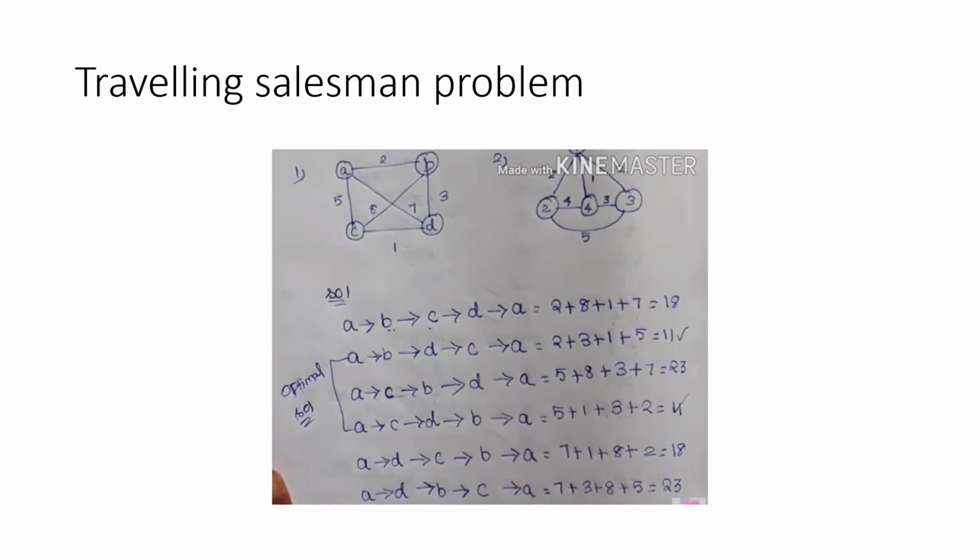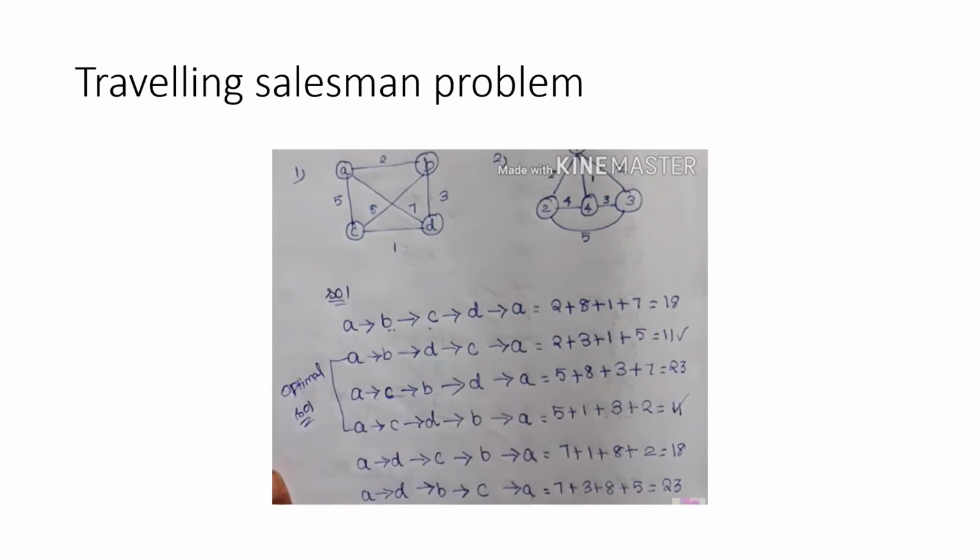Then the next possible way is A to C. A to C the cost is 5, then C to B the cost is 8, then B to D the cost is 3, and then D to A the cost is 7. So total 5 plus 8 plus 3 plus 7 equal to 23.